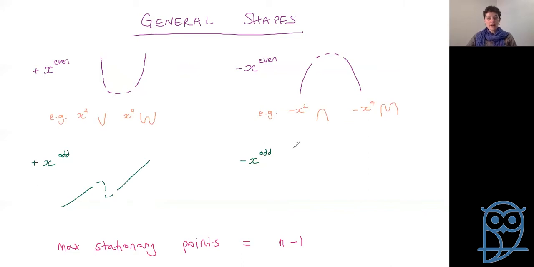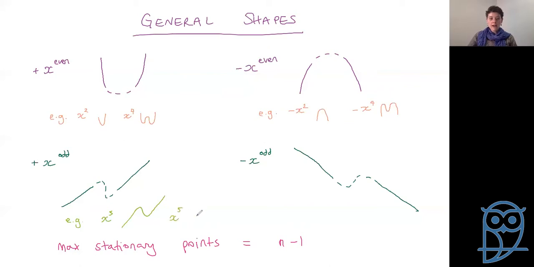So if it's a minus, we're coming down. We're going to dip, but we're going to carry on down. And again, that number of wobbles in the middle, the number of stationary points, is going to vary depending on that exponent. So, e.g., x cubed would be exactly like what we've drawn here, because it's 1, 2 stationary points max.